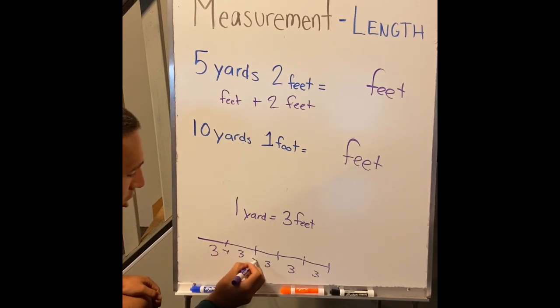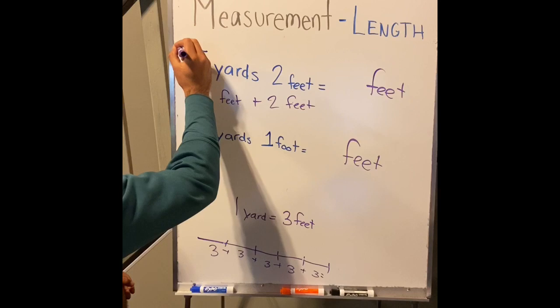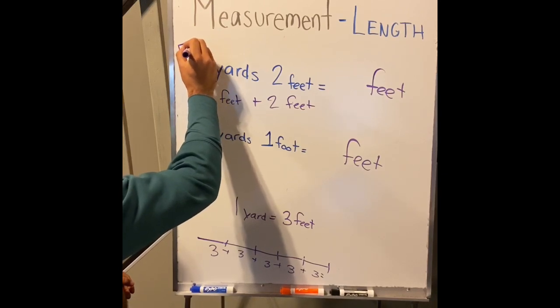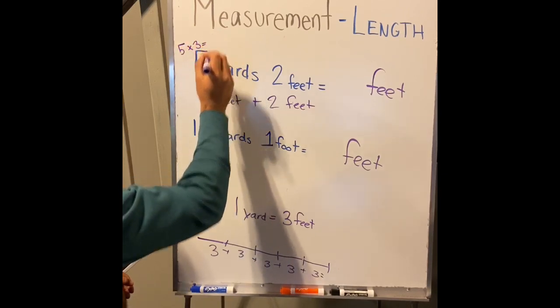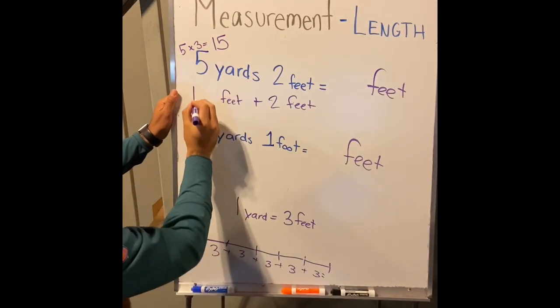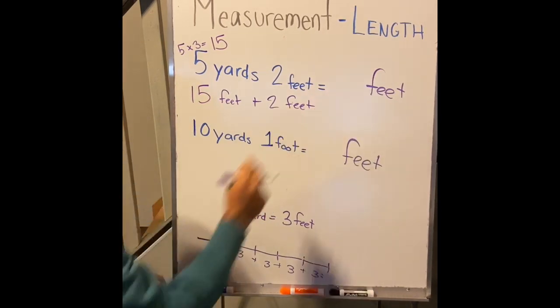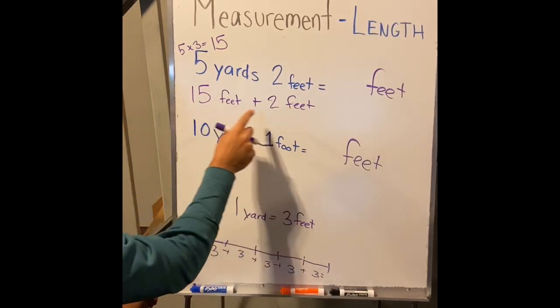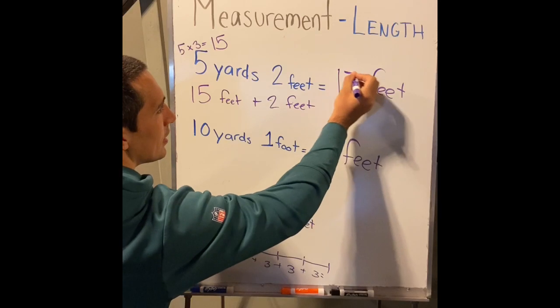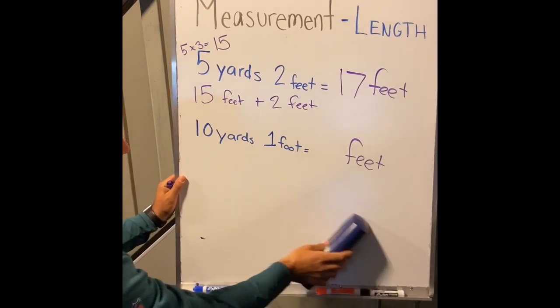So we can add these all up, or you can do your 5 yards times 3 feet in each yard, which will give you 15. So we have 15 feet plus 2 feet equals how many total feet? 15 plus 2 is 17.